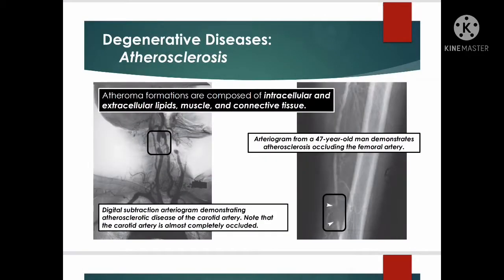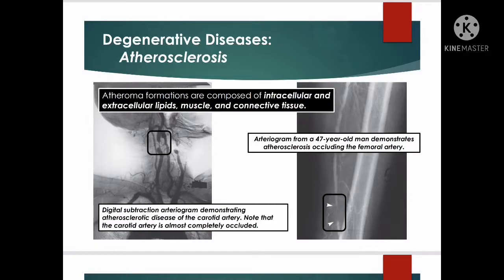As for our degenerative diseases, we have atherosclerosis. It is the hardening of the arteries. It may occur in any artery, but it has a predilection for the aorta, coronary arteries, and cerebral arteries. The risk factors that cannot be controlled are increased age and family history.